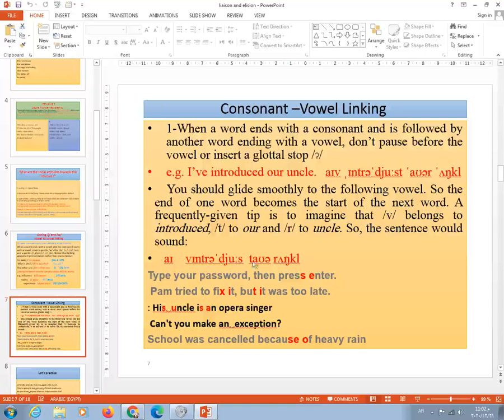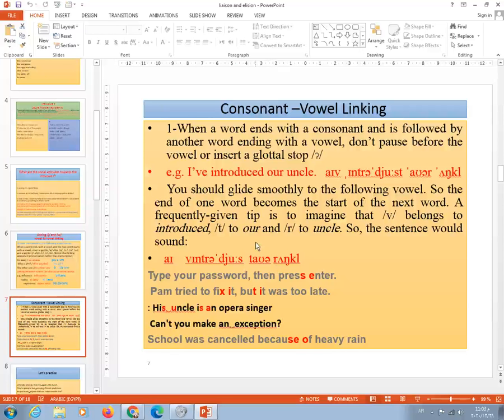We imagine that the v of "of" belongs to introduced, the t of introduced belongs to our, and the r of our belongs to uncle. We push the final consonant and attach it to the word starting with a vowel.